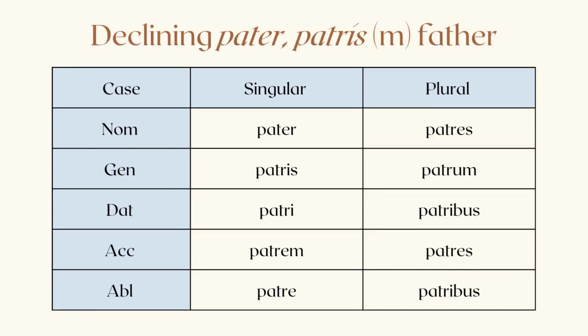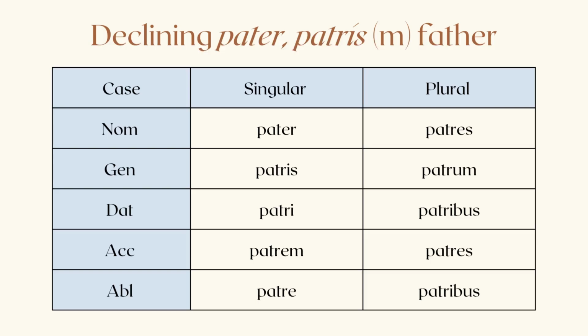Now here's how pater is declined, and pater is a masculine third declension noun. Pater, patris, patri, patrem, patre, patres, patrum, patribus, patres, patribus. You'll notice that in the nominative singular we have the stem as pat.